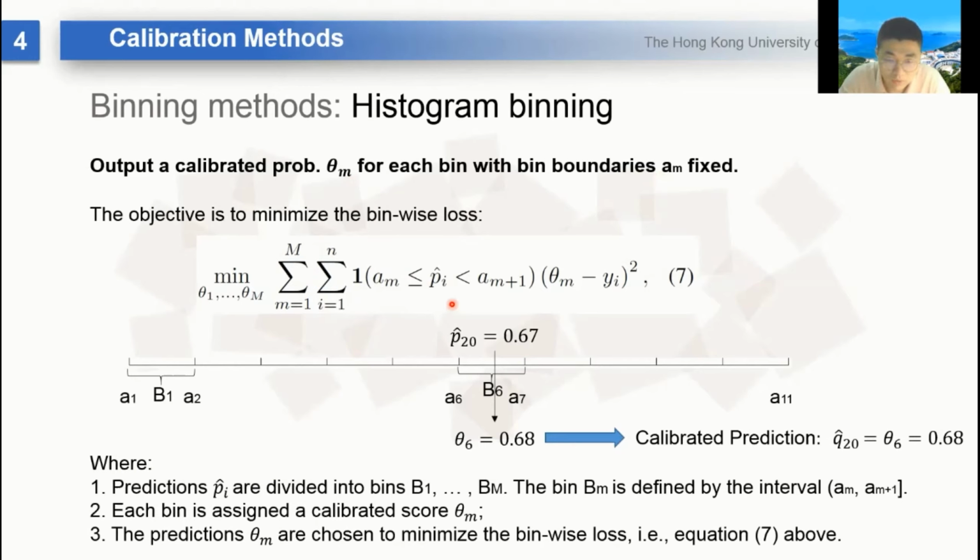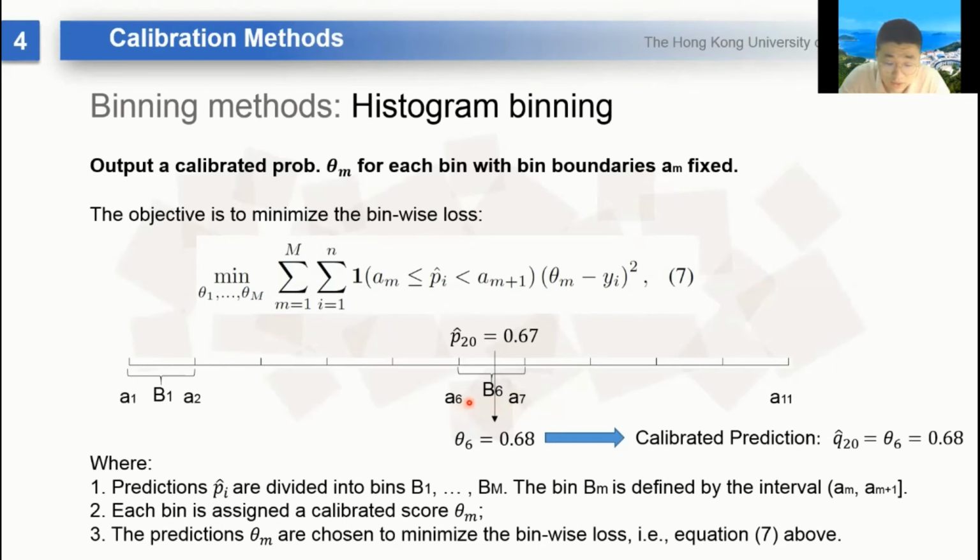Specifically, all predicted p-hat are divided into M bins, where, for example, bin 6 is defined by the interval a6 to a7. The bin boundaries are chosen to be equal length intervals.